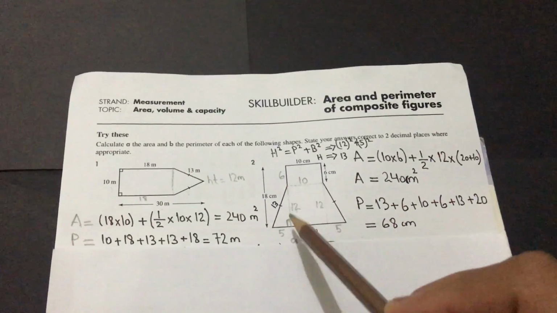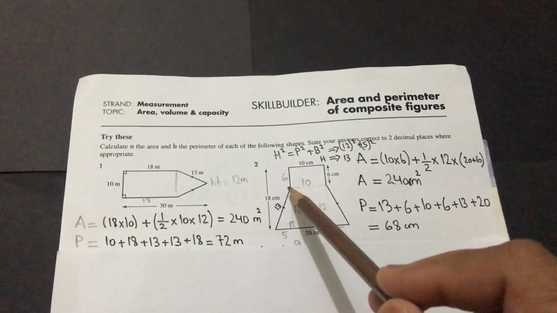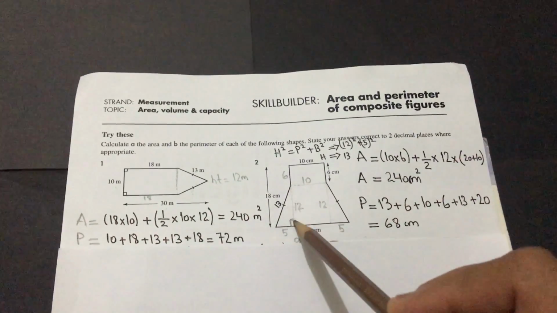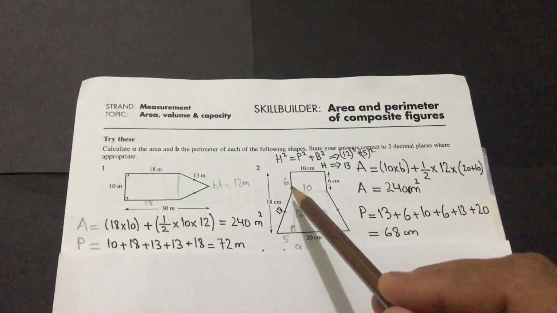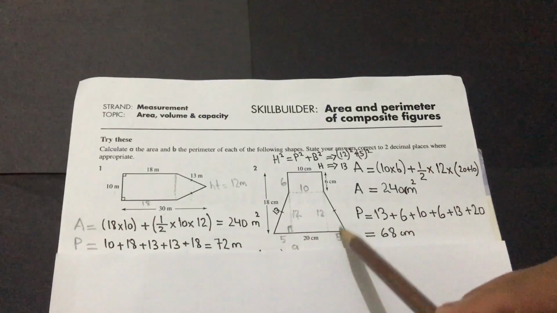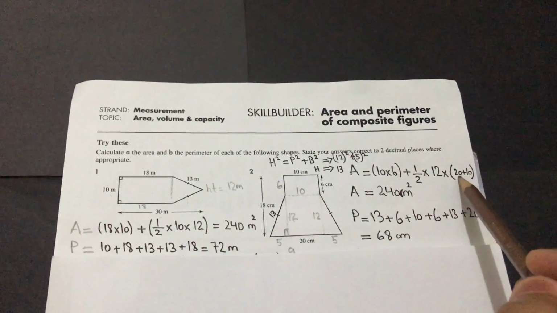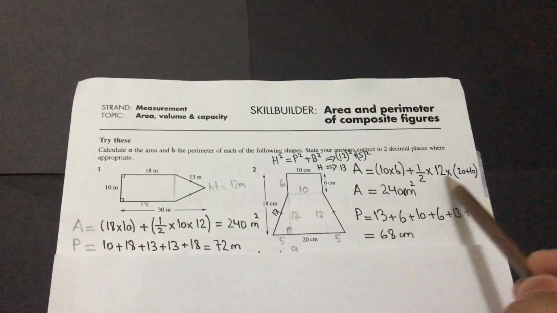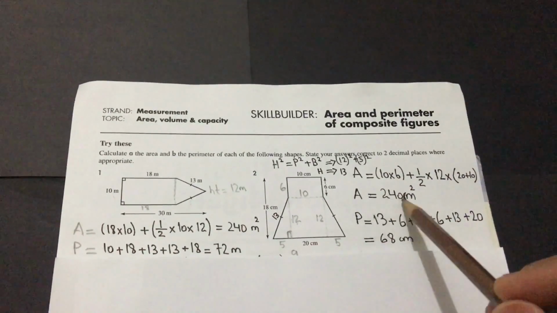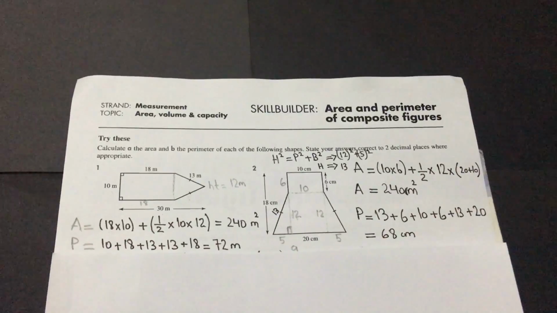So the area of the trapezium is half multiplied by height, 12, and the sum of the two parallel bases, 10 plus 20, and on solving it with a calculator, the area is 240 centimeter square.